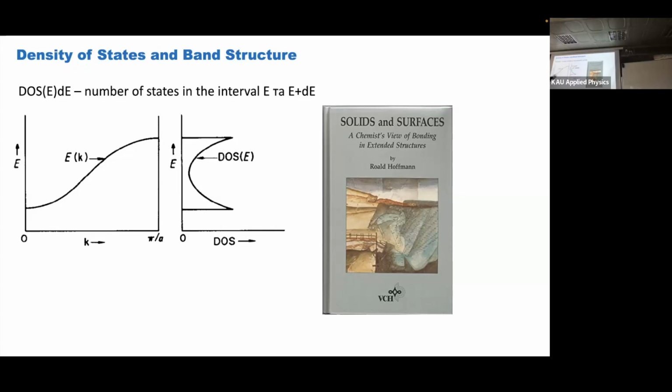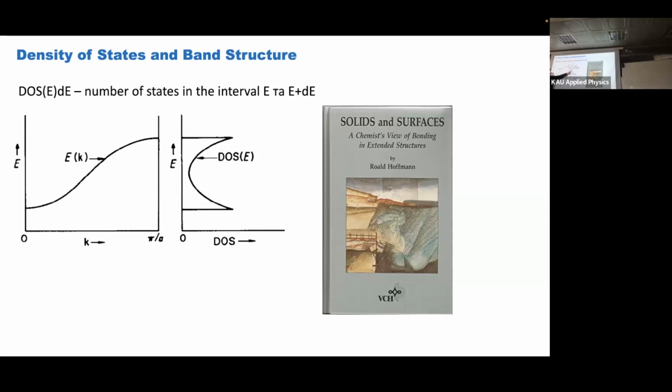And what we see for the density of states, we see that here we have an almost flat band, and here we have an almost flat band, and we see a lot of density of states, a lot of states. We have a lot of states here because it's flat. And here in the center of this parabola, we have the smallest number of states.